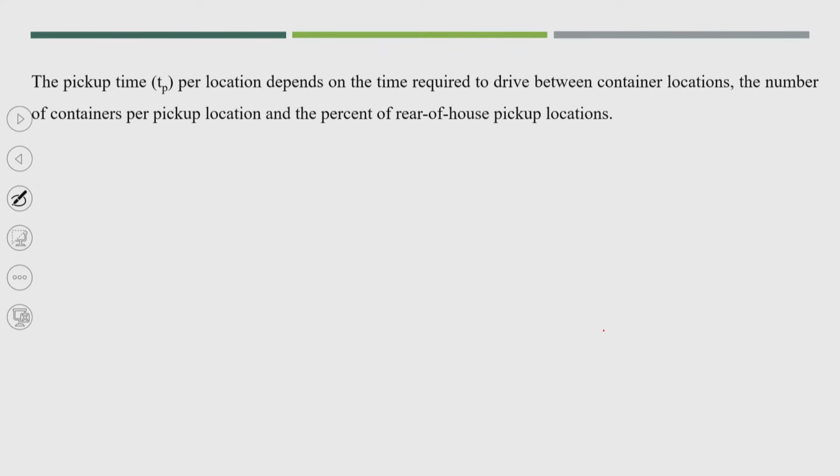Now, the TP, the pickup time per location, depends on the time required to drive between container locations, the number of containers per pickup location, and the percent of rear of house pickup locations.